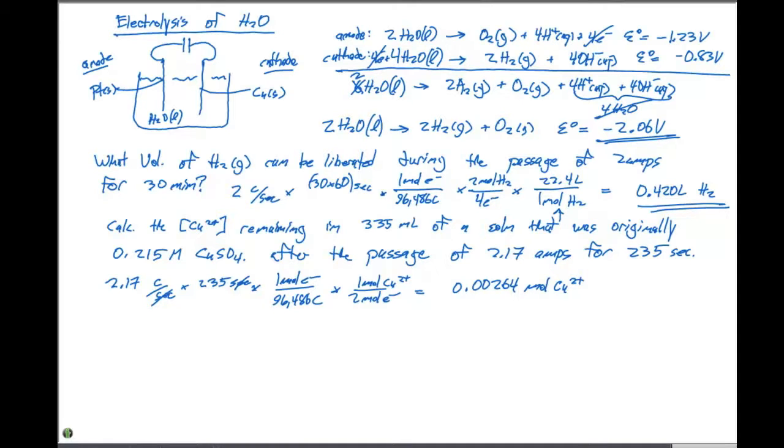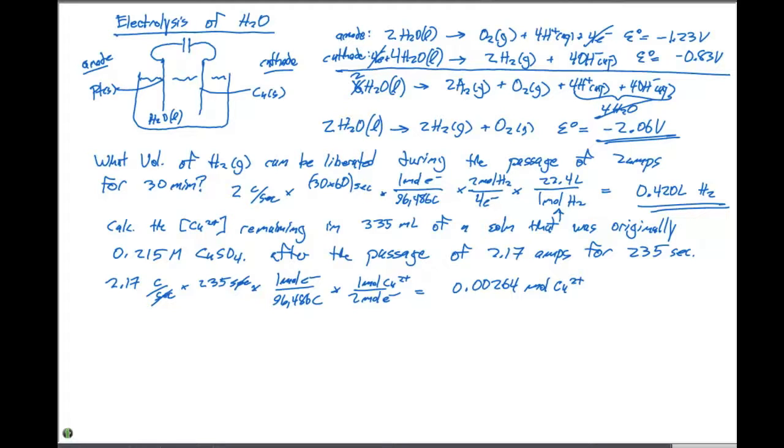When we pass that current, as time goes by, this nice dark blue solution is going to get lighter and lighter and lighter, and there's going to be more mass deposited on our electrode. So as we go on in this process, we find that 0.00264 moles of copper 2+ are going to be plated in our time interval.